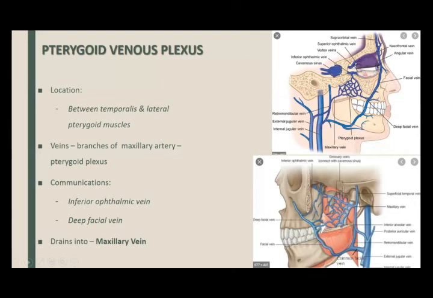The superior orbital vein at one end connects with the angular vein, and the superior orbital vein drains into the cavernous sinus. Okay? The inferior orbital vein also drains into the cavernous sinus, and it also gives a communicating branch to the pterygoid venous plexus.